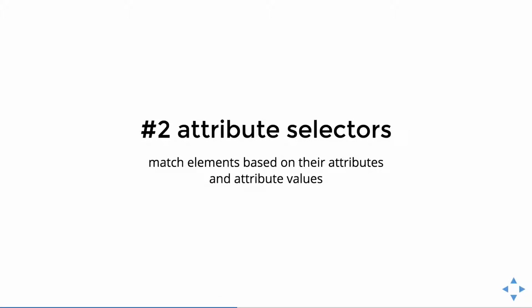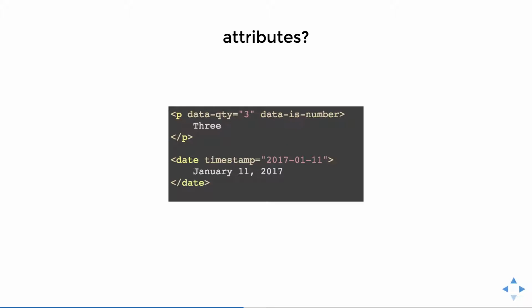All right, attribute selectors. This is when we want to match elements based on their attributes and the values contained in those attributes, okay? So, what are the attributes in this document? Who can point them out? Anyone? QTY, data is number, and timestamp.